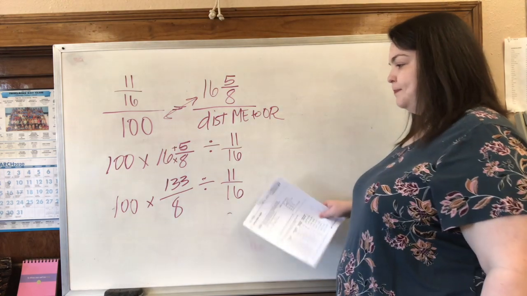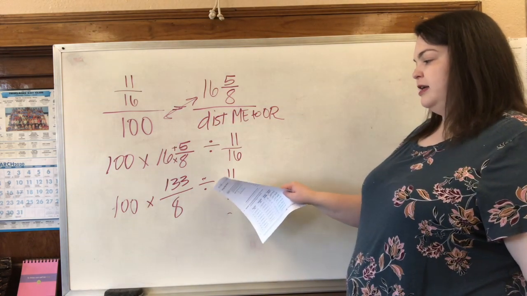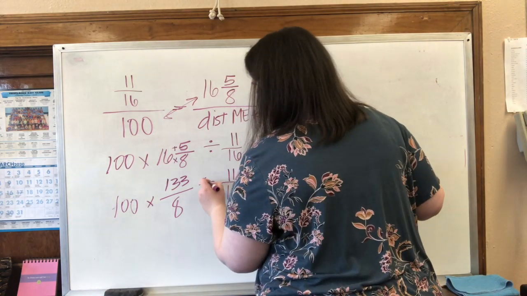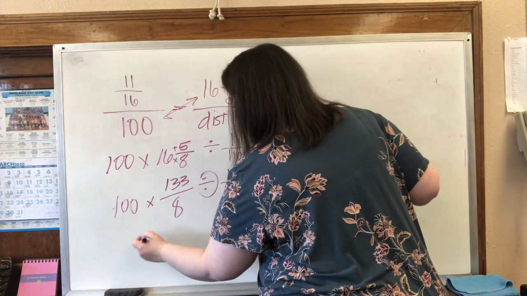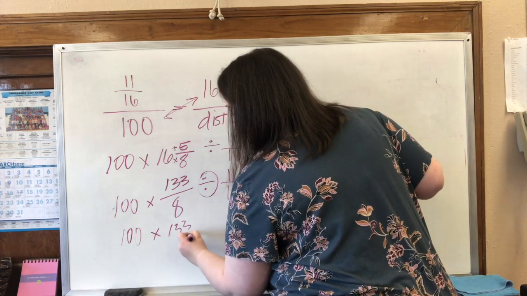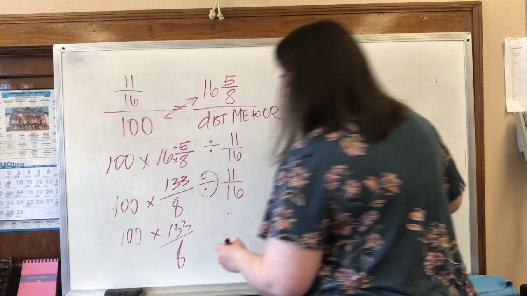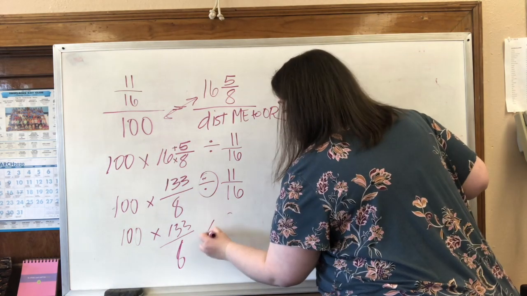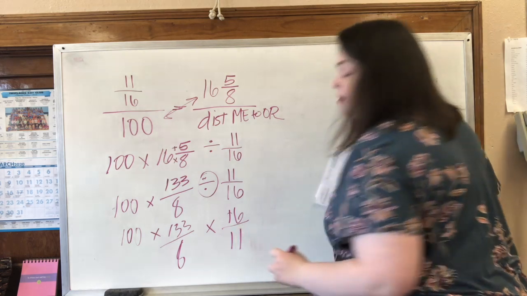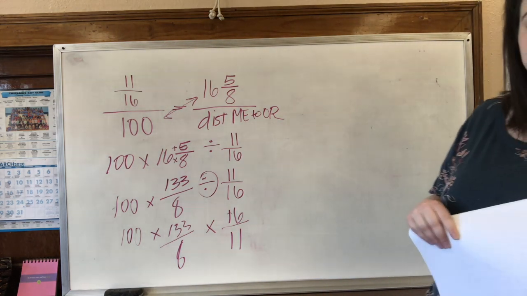Okay, next step. You've got to turn that into a multiplication sign right here. So you're going to do 100 times 133 over 8 times 16 over 11. How many times does 8 go into 16?